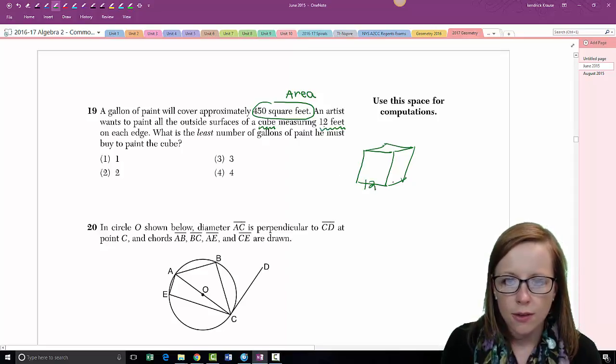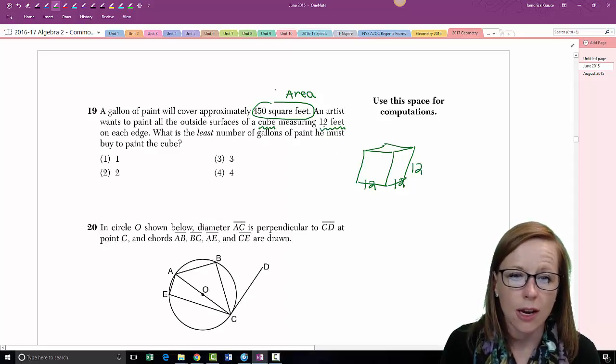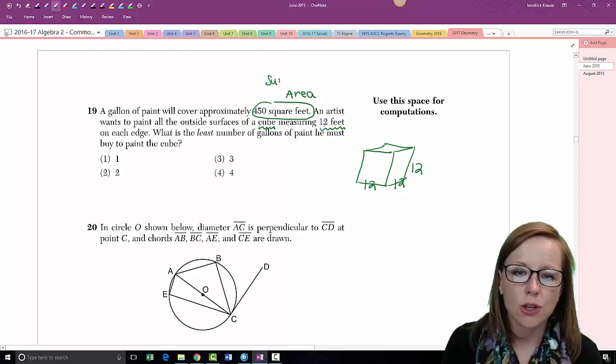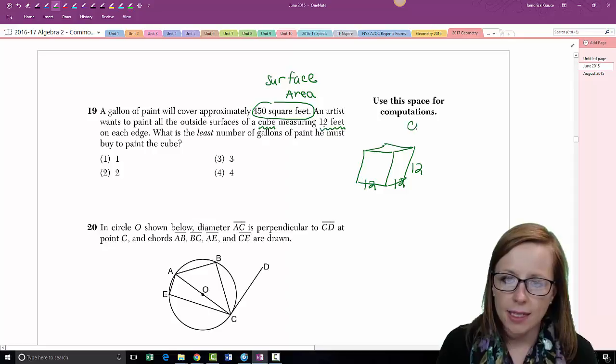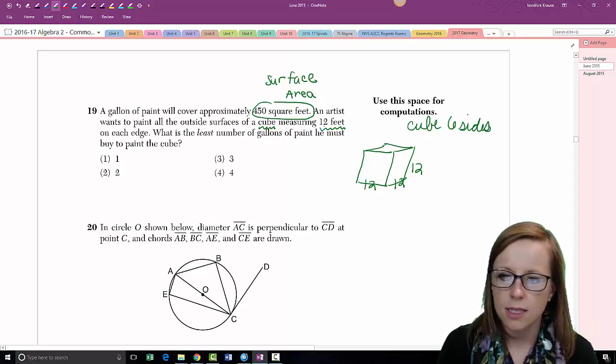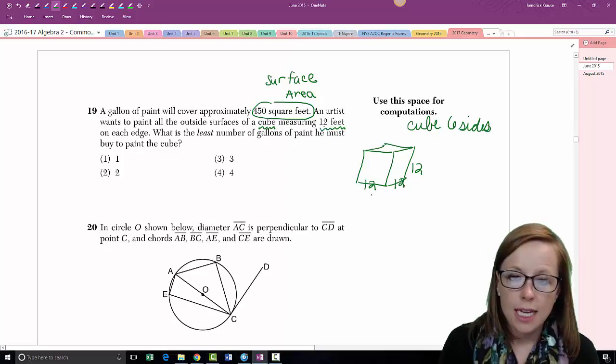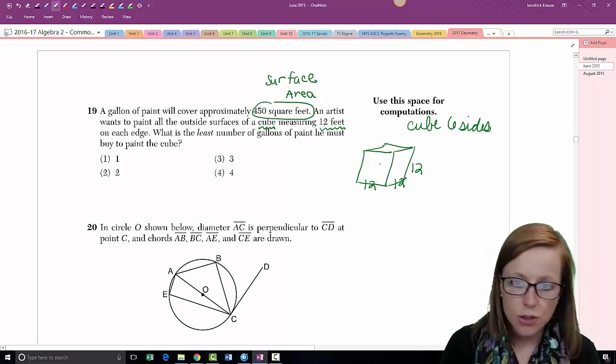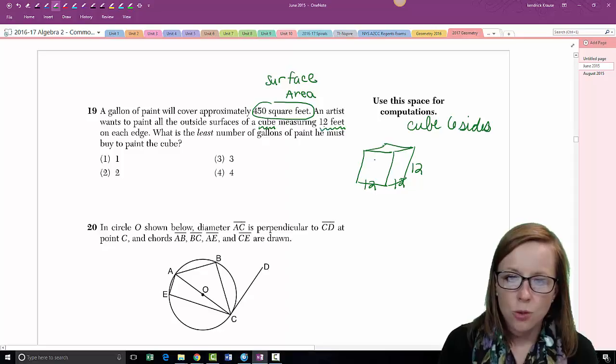So 12, 12, 12. The volume, or not the volume, they don't want volume, they want area. So what they actually want is surface area. A cube has 6 sides. Each of those 6 sides is 12 by 12.